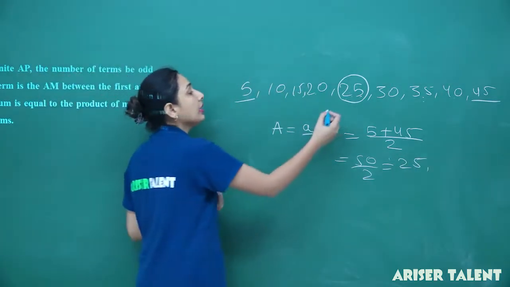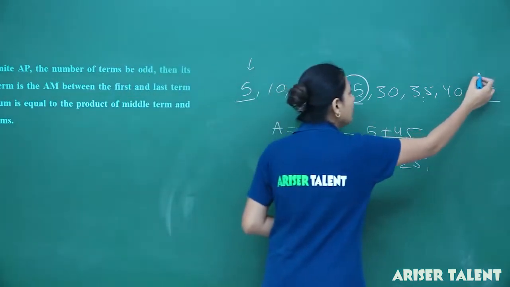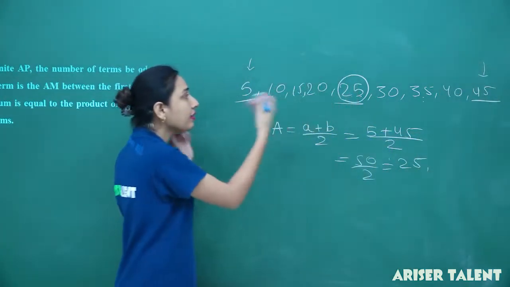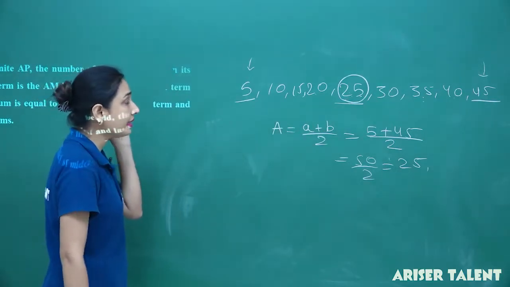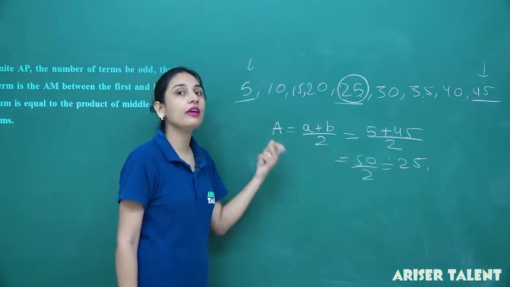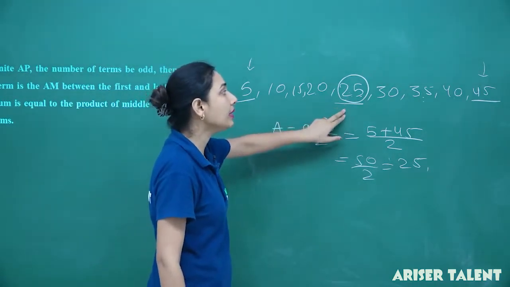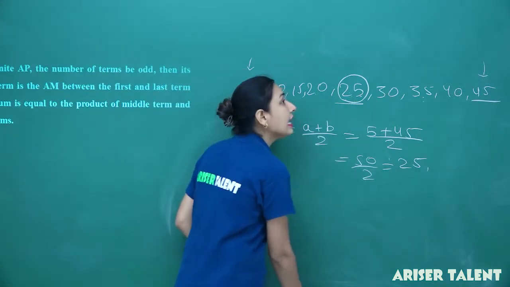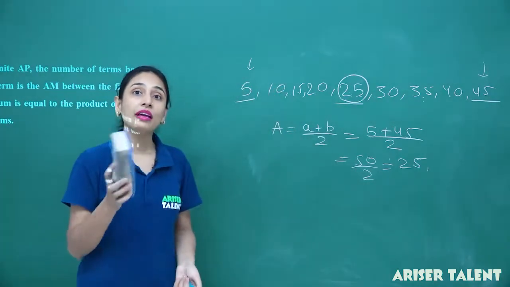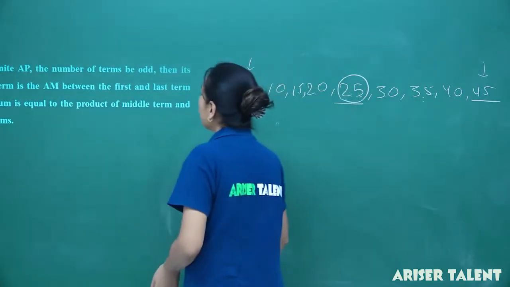So yes, this is the middle term. We take the first term and the last term, add them and divide by 2, like finding the arithmetic mean, and we get the middle term when we have an odd number of terms.